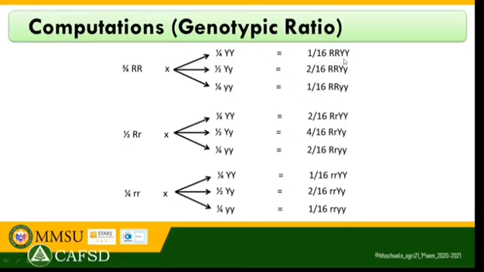Dominant R, dominant R, dominant Y, dominant Y. So you do that with the others. You produce 1/16, 2/16, 1/16, and so on. This is the ratio. If you remember, the genotypic ratio for F2, we have 1:2:1:2:4:2:1:2:1 with a total of 16/16 or 1.